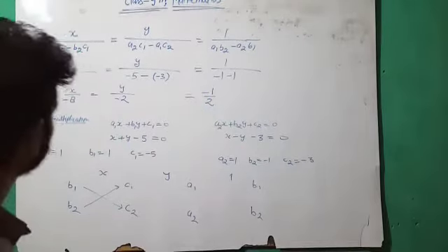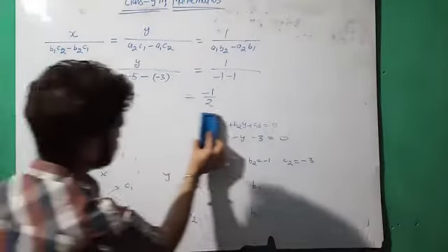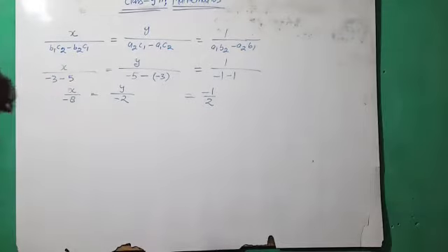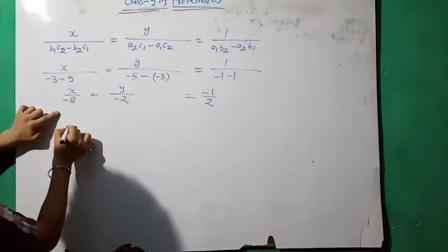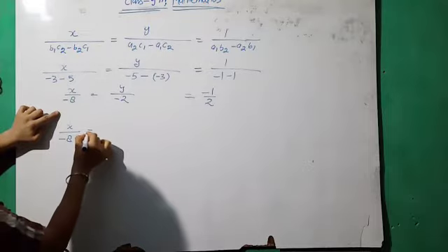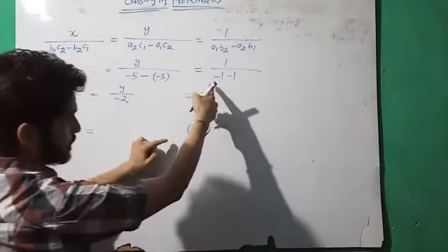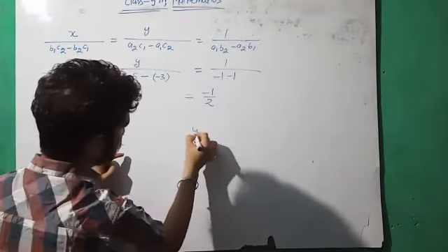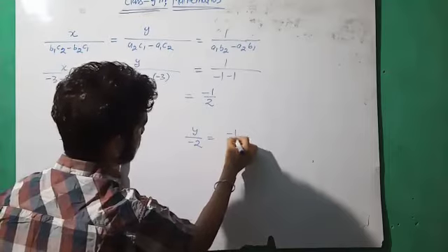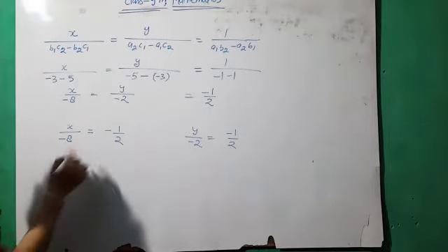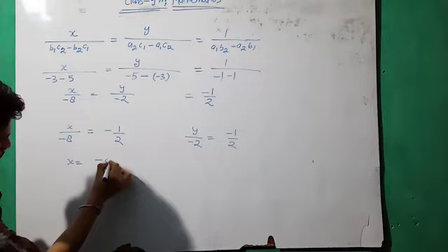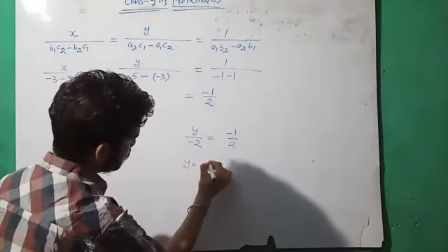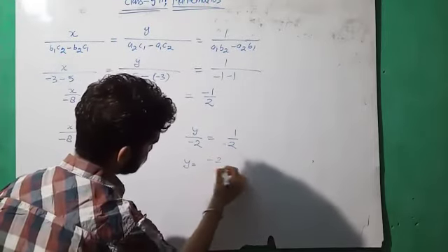Now what you have to do is compare x upon minus 8 with the constant term, minus 1 upon 2, since there is no variable. Again compare y with the constant term. So x equal to minus 8 upon minus 2 and y equal to minus 2 upon minus 2.